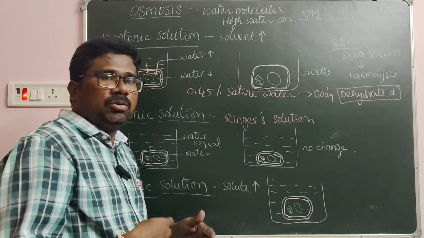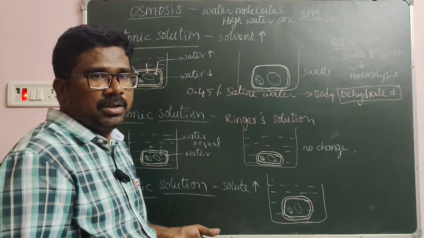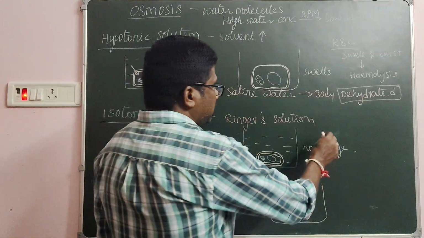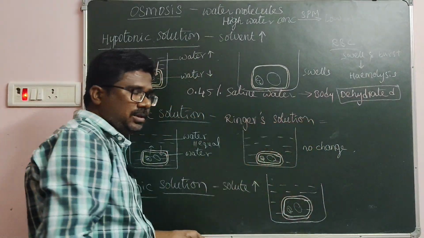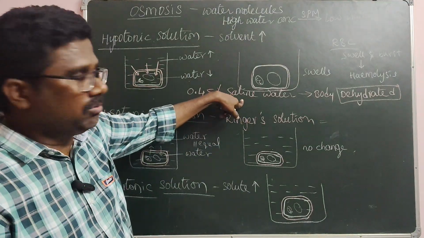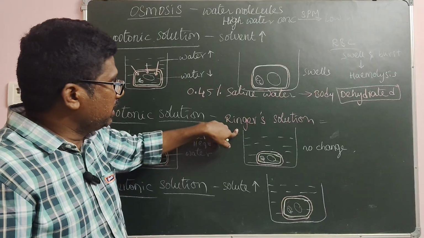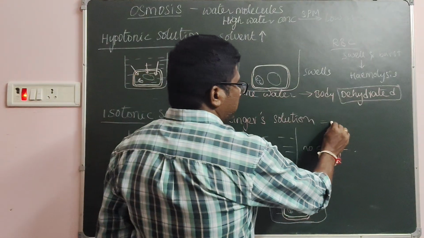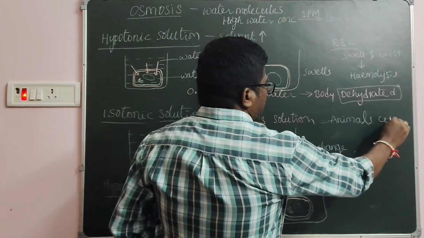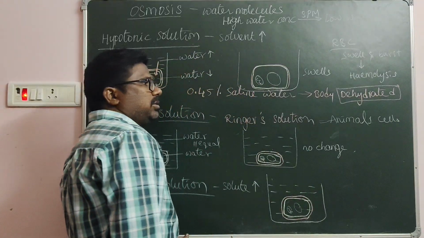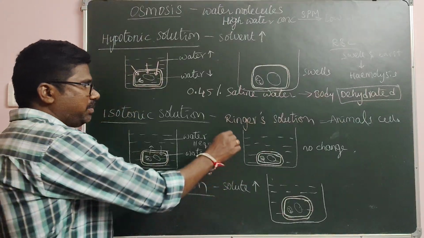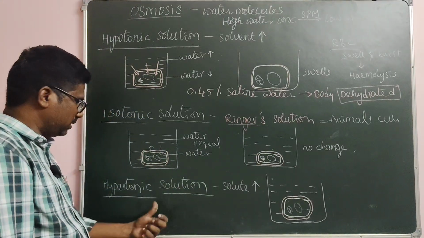So there will be no net loss or gain of solvent molecules from the cell and out of the cell. So this is used to inject solutions into the body. This is also saline only. Ringer's solution is especially used for animal cells. Animal cell concentration will be the same as Ringer's solution. It is prepared like that.